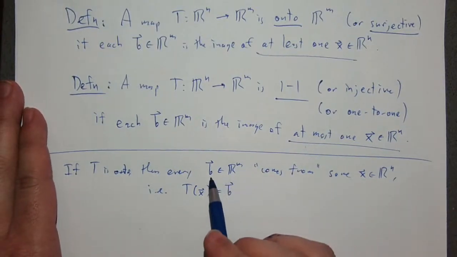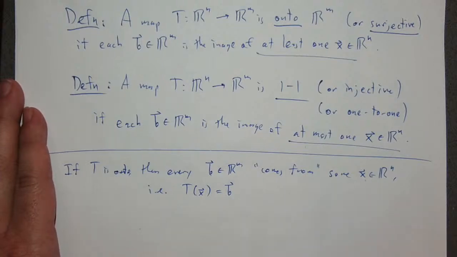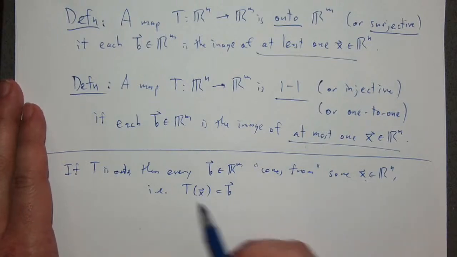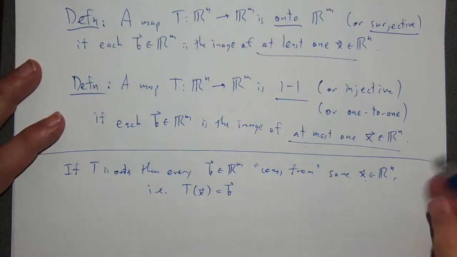That is, for every single b, there exists some x such that T of x is equal to b.